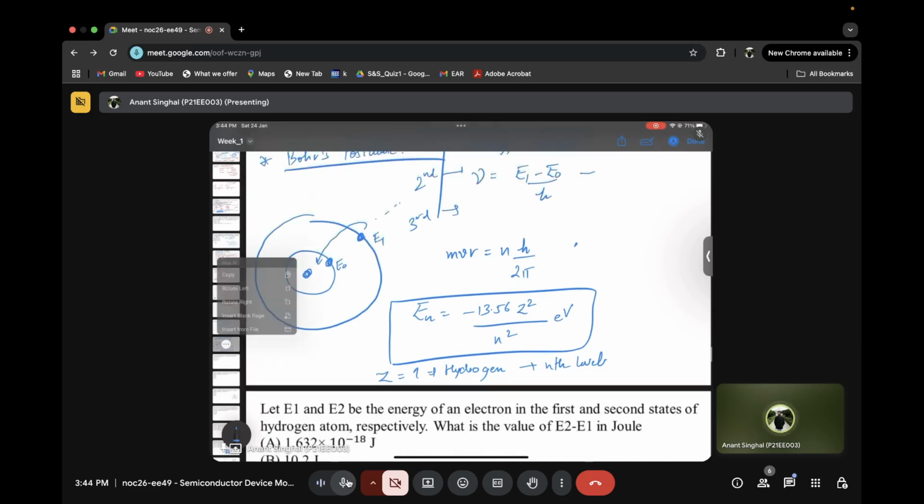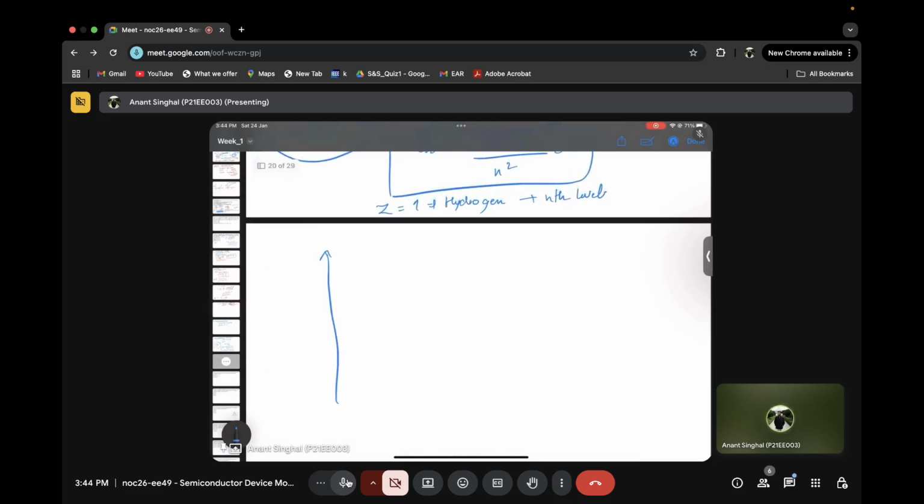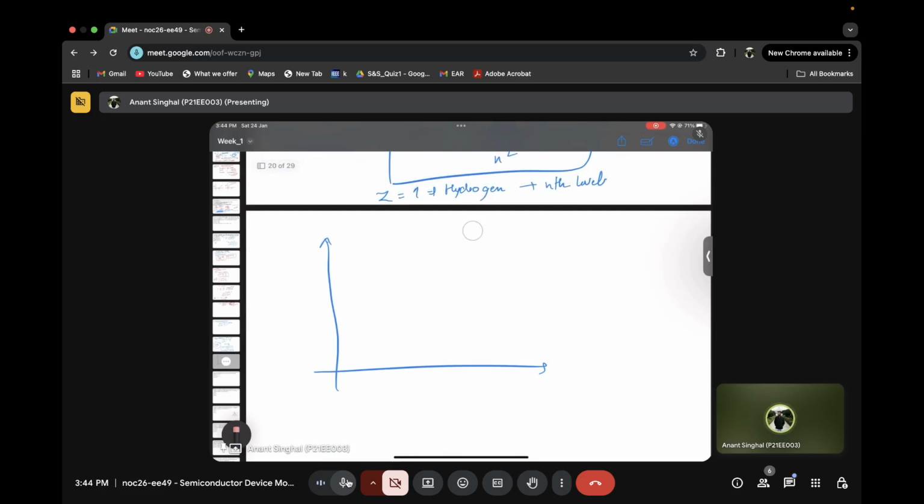So if I try to make a diagram out of it, let's say I make a box. The 0th level, we cannot have, it is infinite. Now if I keep 1, it will be nothing but minus 13.56, right?